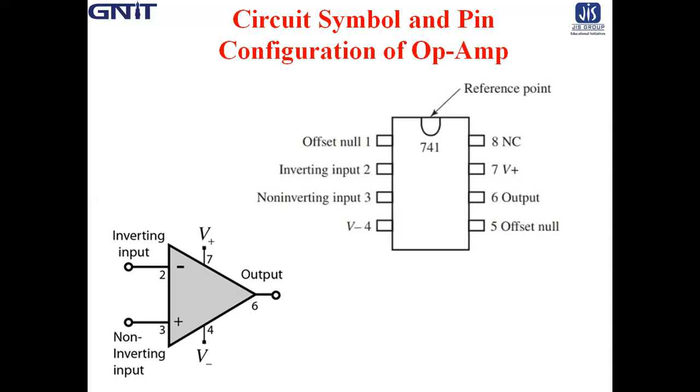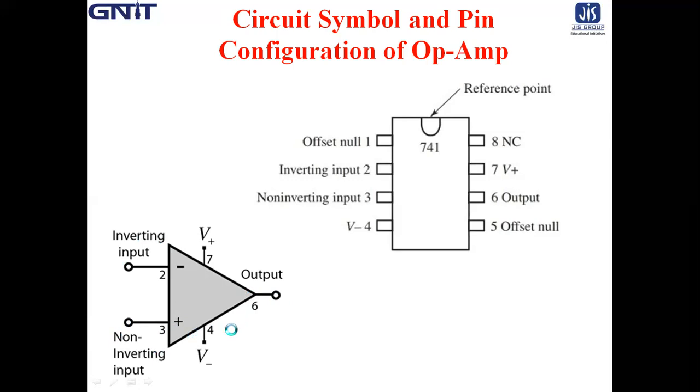And the other terminal, which is called the non-inverting terminal and is labeled as plus, pin number 3, signifies that a signal at this terminal appears at the output terminal with the same polarity.